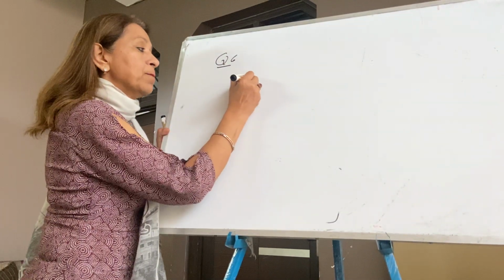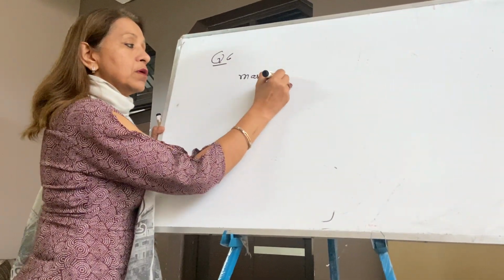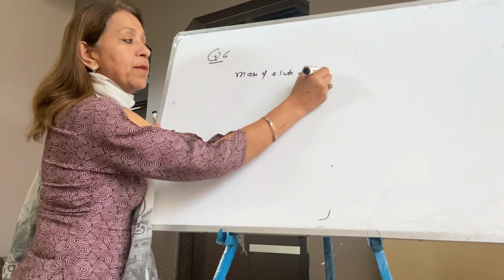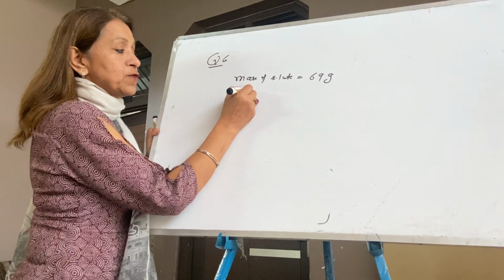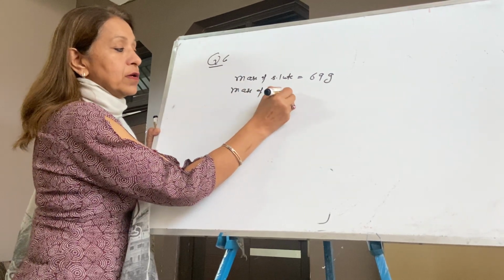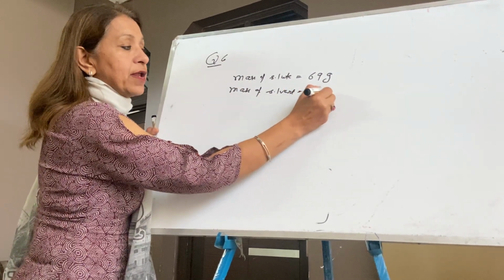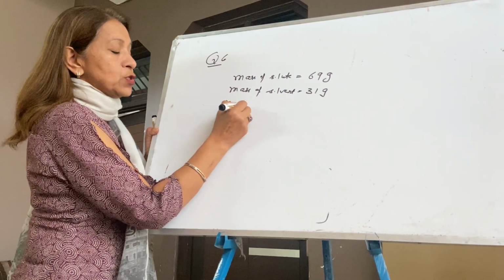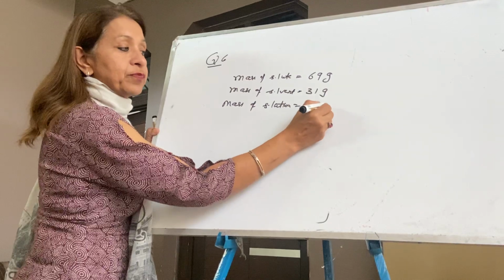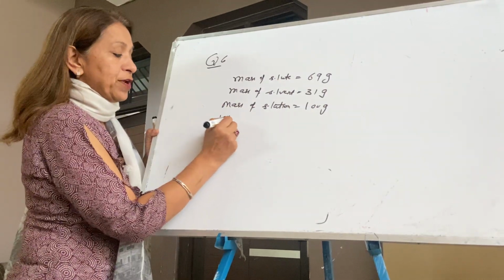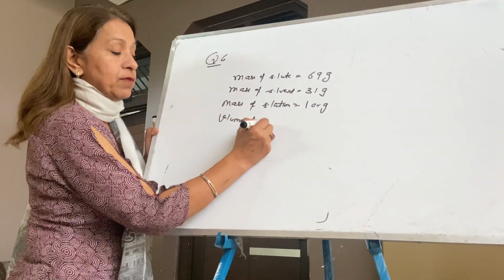Write down mass of solute: 69 gram, because 69% means 69 gram. Mass of solvent is 31 gram. Mass of solution is 100 gram.